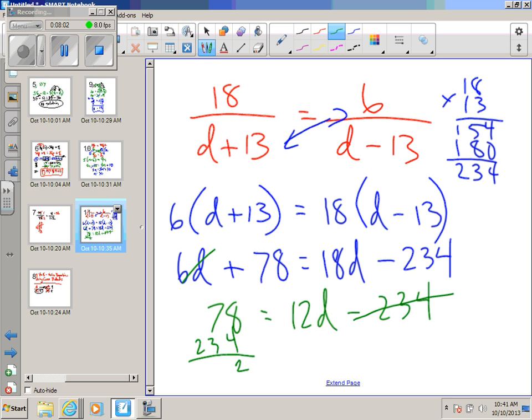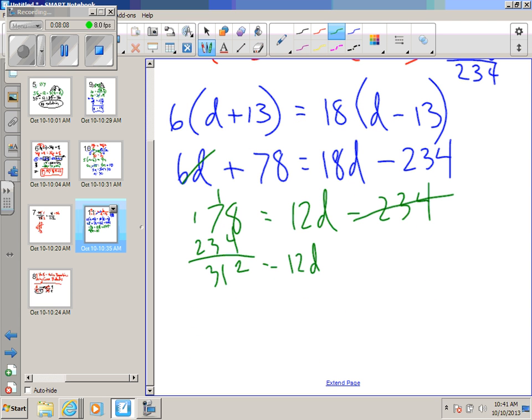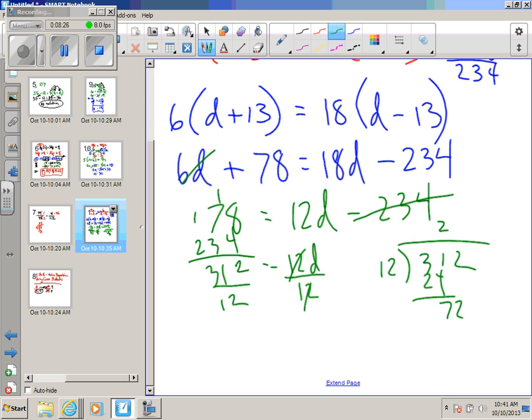And you got 312 equals 12d? And then what? Divide by 12, and 312 divided by 12, that's twice 24, 12 into 72, 6. d is 26.